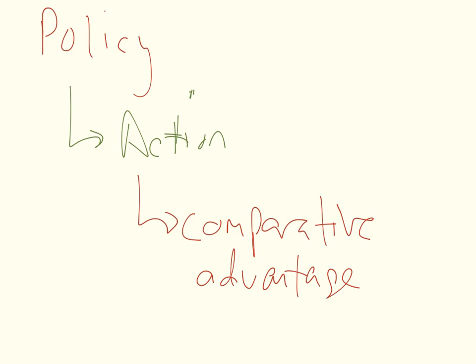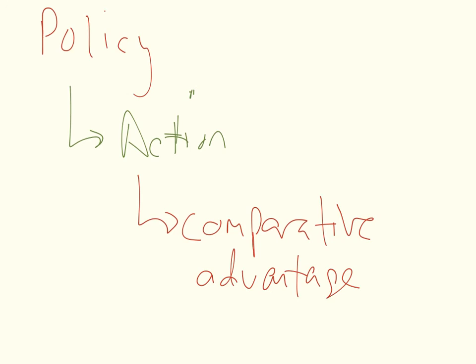What are the advantages to building this pipeline, and what are the disadvantages? Which one outweighs the other? If it's more disadvantageous to build the pipeline, then we probably shouldn't build it, because we're going to be worse off. Or are we going to be better off overall? Then we should probably build the pipeline.